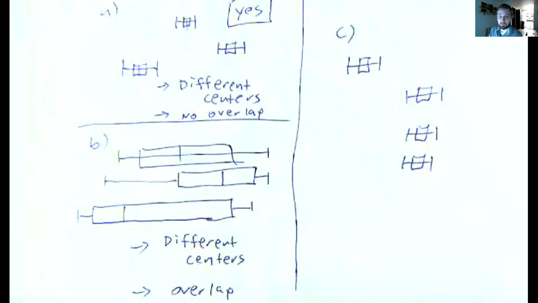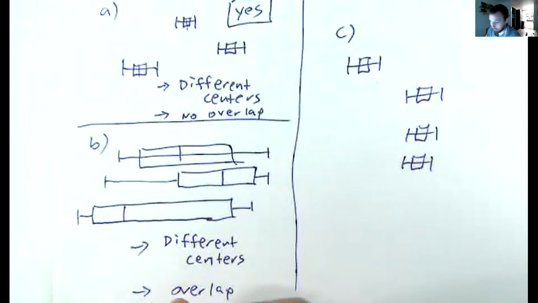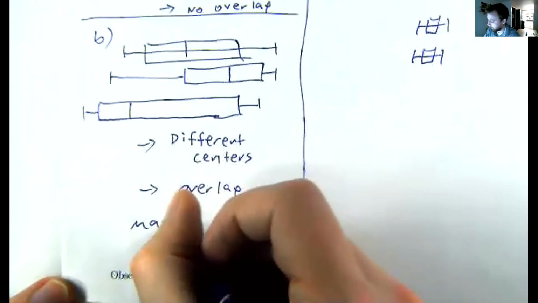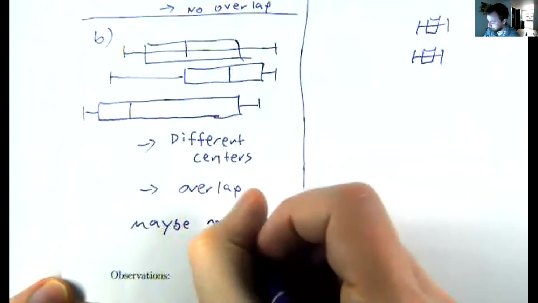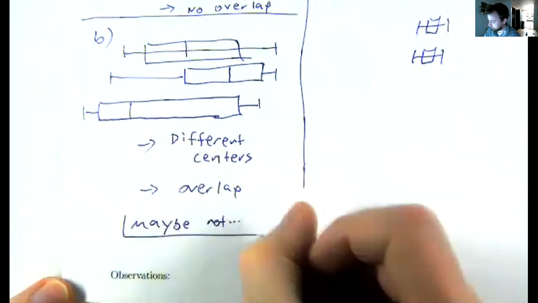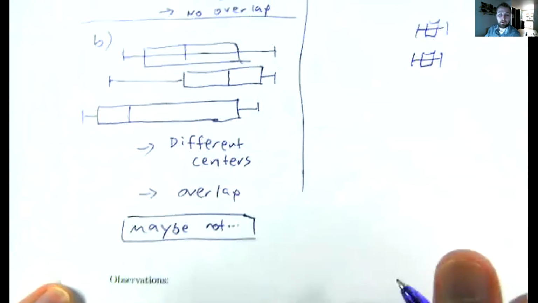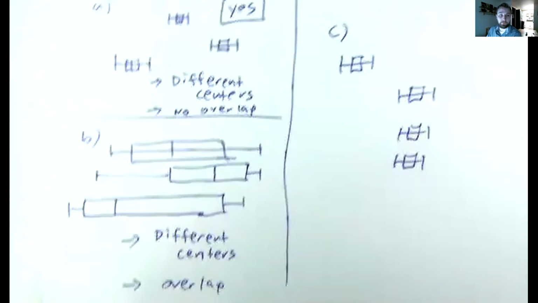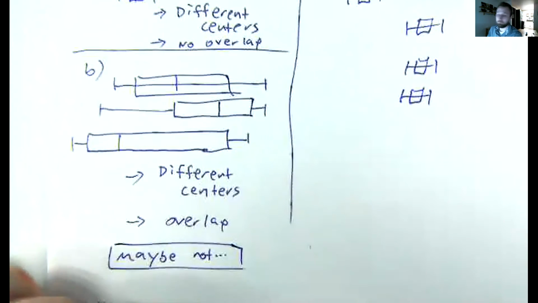They clearly miss. Here, not so sure. Maybe not, because there is so much overlap between those groups. So A looked like different. B, maybe not actually different.